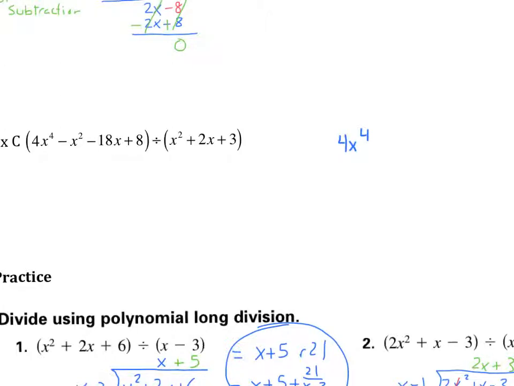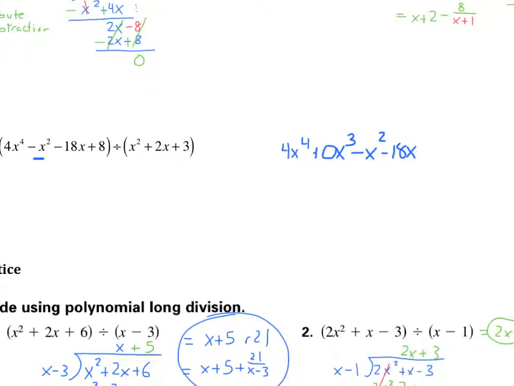So, plus 0x cubed. Now I continue with my negative x squared, negative 18x, and plus 8. We'll see why we need to do that in a moment because we're going to end up with some cubic terms that have to be combined with something. And they're going to be combined with the 0.